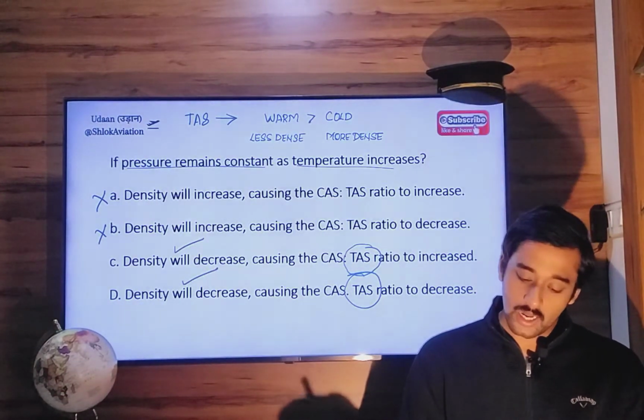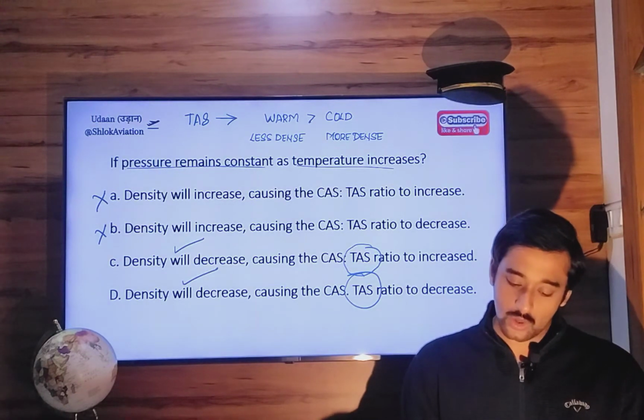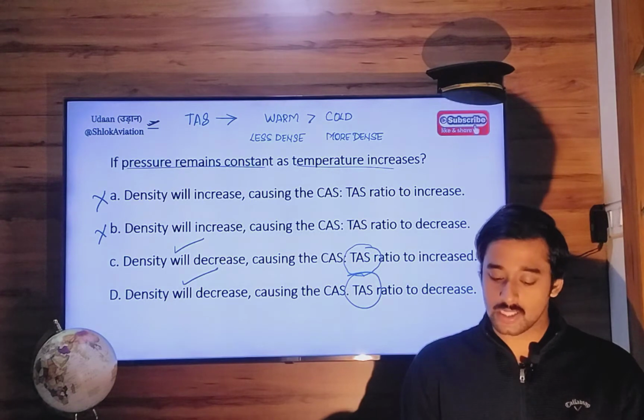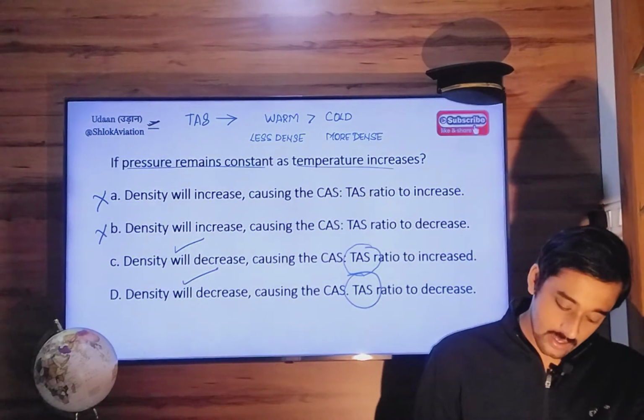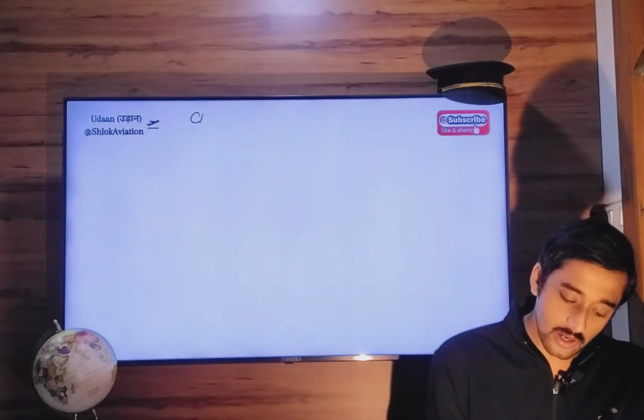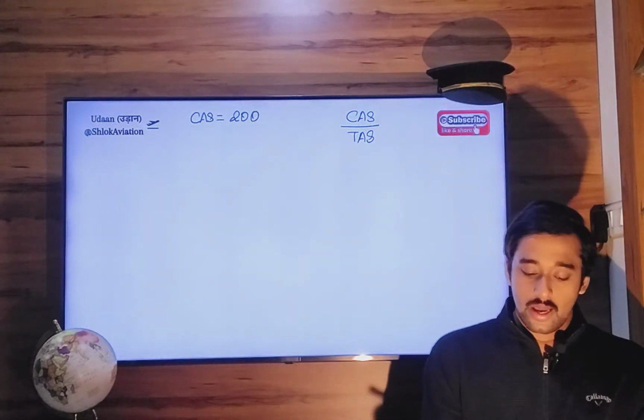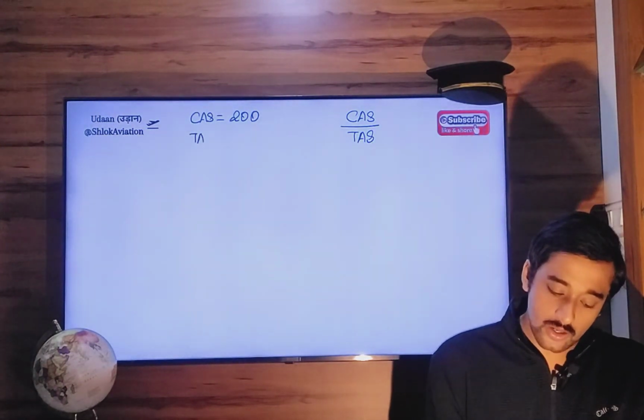Okay, so the ratio, if density will decrease, true airspeed will increase, right? So calibrated airspeed is going to remain constant, let's say 200 knots, and TAS is going to increase.